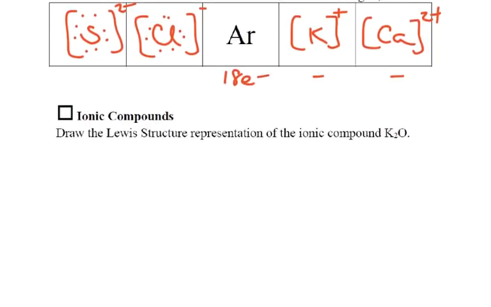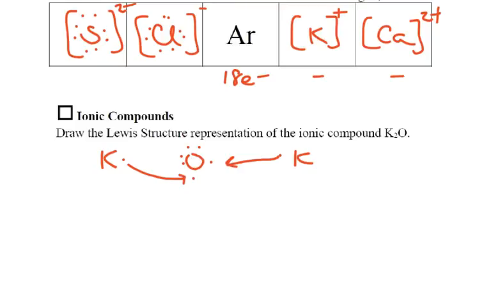Now, last one here, let's do an ionic compound. If we have potassium and oxygen, potassium has 1 electron, oxygen has 7 electrons, and another potassium has 1 electron. What happens is that this electron is pulled into the more electronegative oxygen, and this one also is pulled into the more electronegative oxygen.